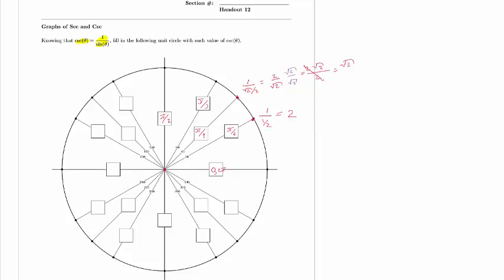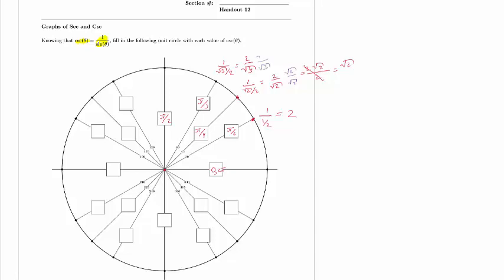Alright, now pi over 3. The y value for pi over 3 is root 3 divided by 2. So we're going to write 1 divided by root 3 over 2, which is 2 over root 3. Once again, we cannot have a square root in the bottom because it has been ordained from high that proper form does not have a square root in the bottom.